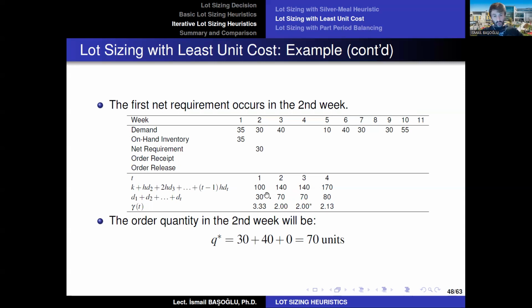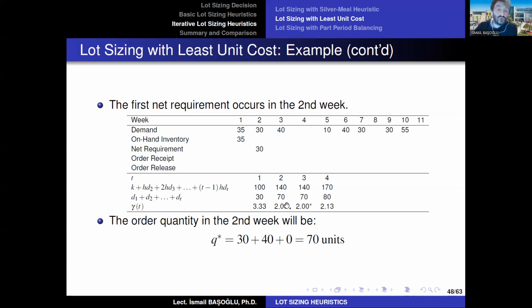Now, if I introduce the demand of the next period in my order, then the total associated cost is going to be 140 because 40 units of inventory will be carried to the next period. And I'm going to divide this value by the total demand associated with this order, which is 70. And my average cost per unit will be reduced to $2.